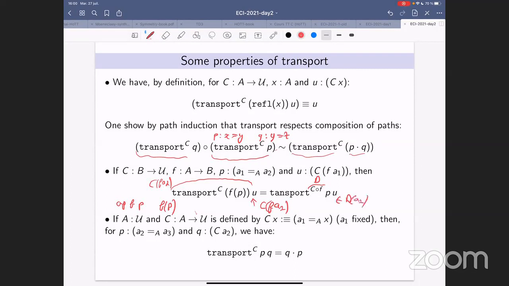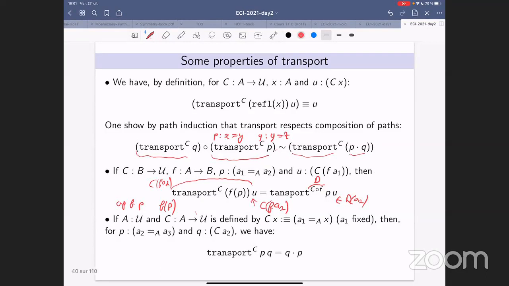But by definition, D of A1 is C composed with f, so it's the same. This type checks. And it's clear that we want this, and we can prove it by path induction.